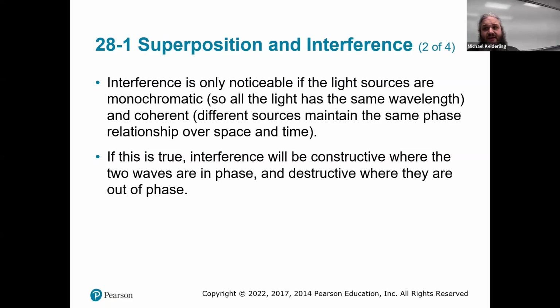Coherence usually happens because they come from the same source. And then they're monochromatic.